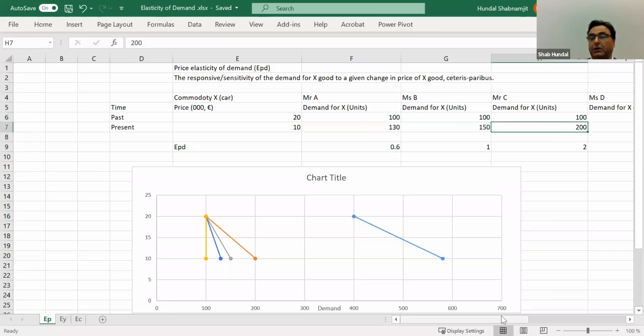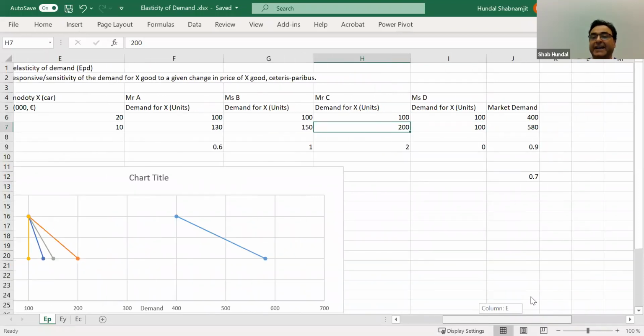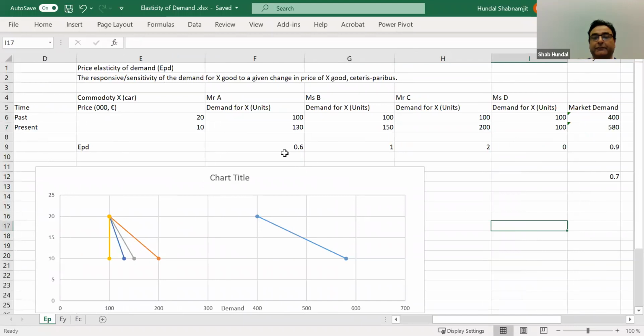Now, what is the proportionate reaction? It depends upon different consumers differently. Maybe these are not people, these are companies, the corporate clients, and corporate clients buy cars in bulk. The prices of car have gone down.